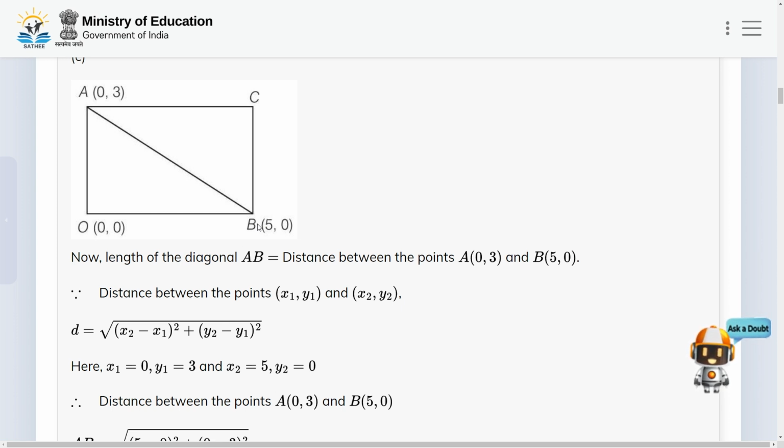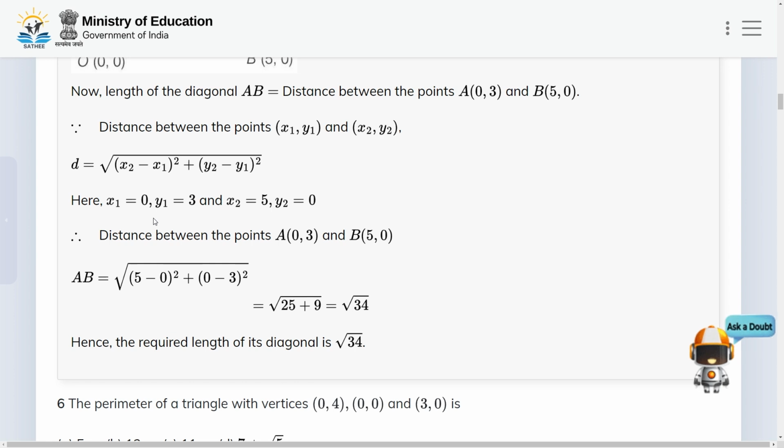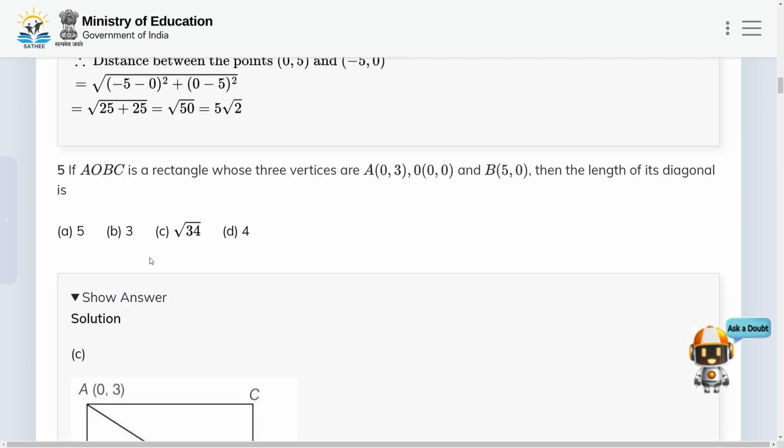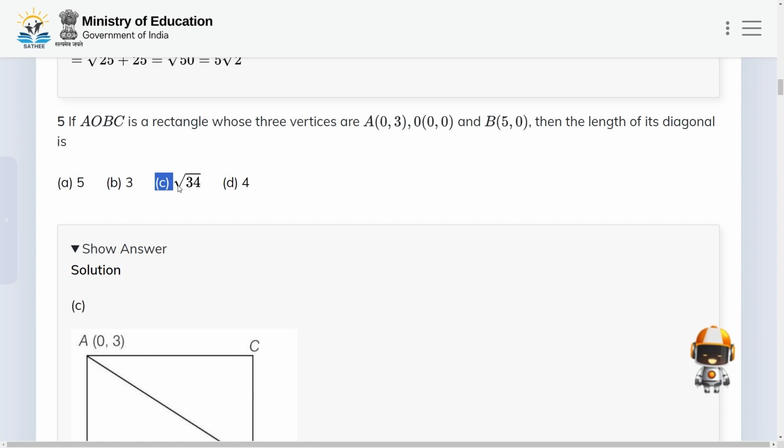Okay, so therefore the distance between the points A (0, 3) and B (5, 0), that is AB, is equal to square root of (5 minus 0) whole square plus (0 minus 3) whole square, and this is equal to square root of 25 plus 9, and this is equal to square root of 34. Okay, hence the required length of its diagonal is square root of 34 units. So here the correct answer is option number C.